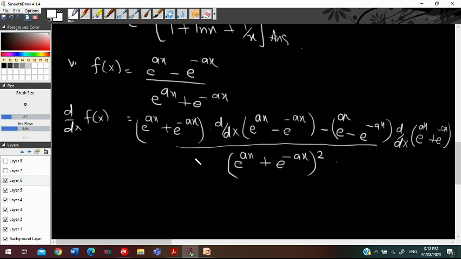So now this is the formula. Now you start the derivative.